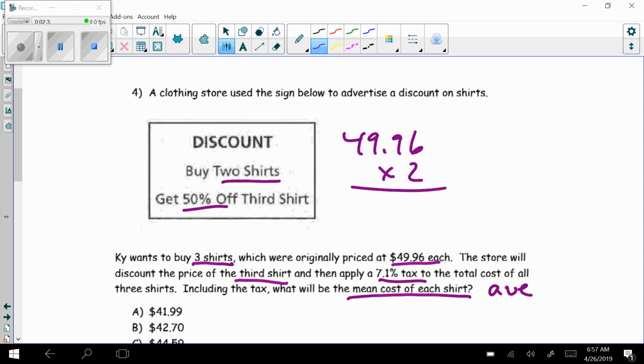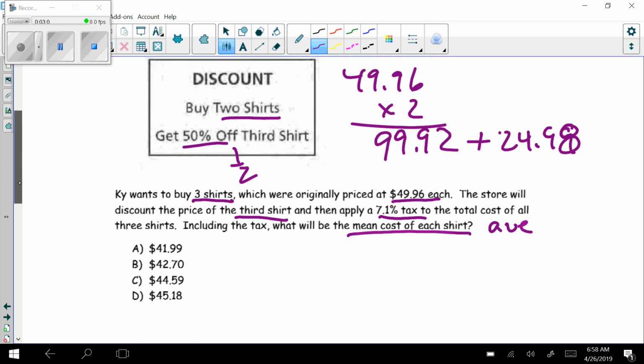That's the first step, because you're buying 2 shirts at regular price. And then you're taking 50% off, which is half off. So take half of $49.96, which is $24.98. Here, I'll just help you out: $49.96 times 2 is $99.92.